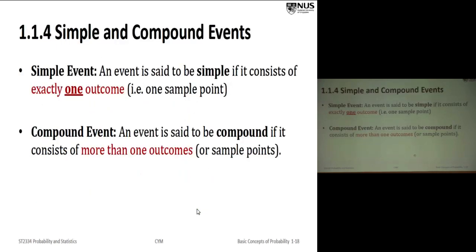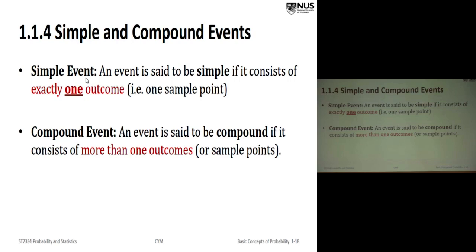Okay, very good. So that was the notion of an event. We had a sample space with sample points, and we had an event. A simple event is an event that consists of exactly one outcome. As I said a few moments ago, a sample point is an event, but an event is not necessarily a sample point. When the event corresponds to one particular outcome, the event is said to be simple.